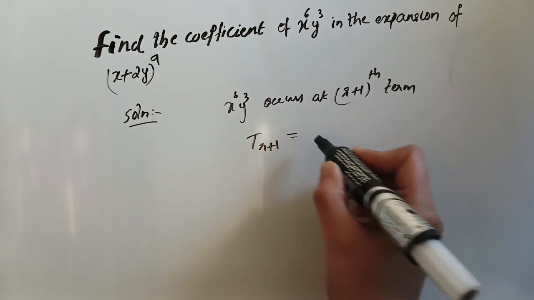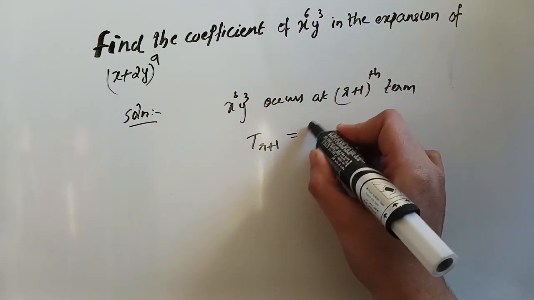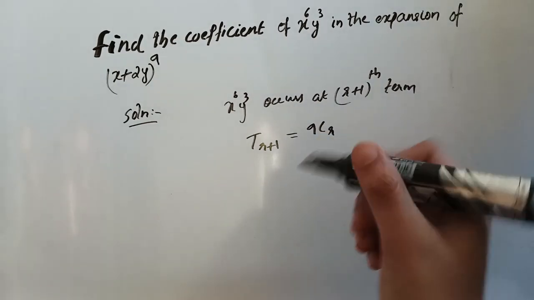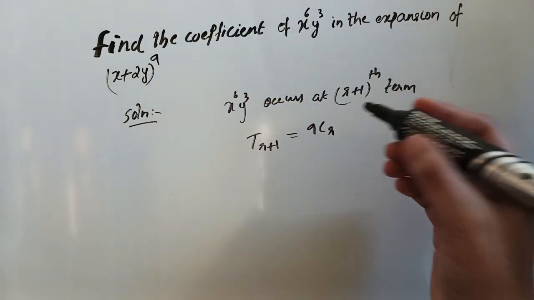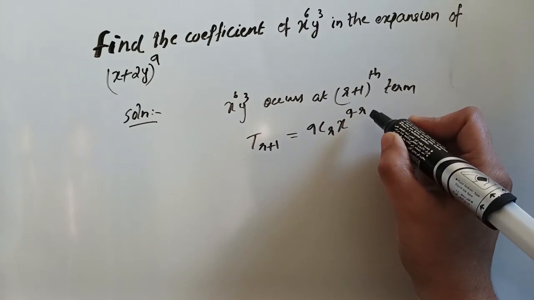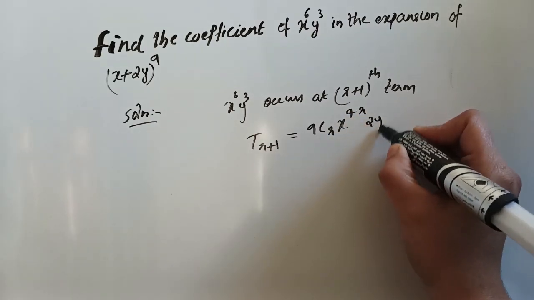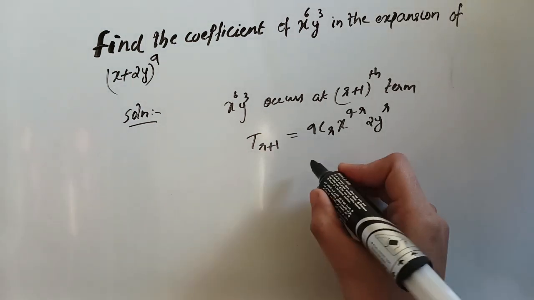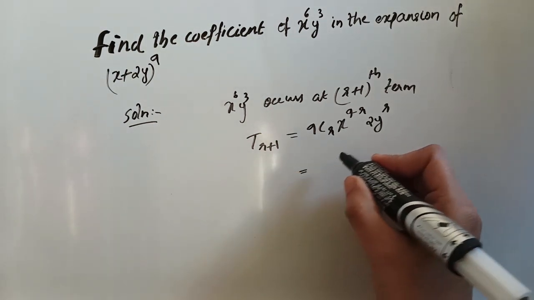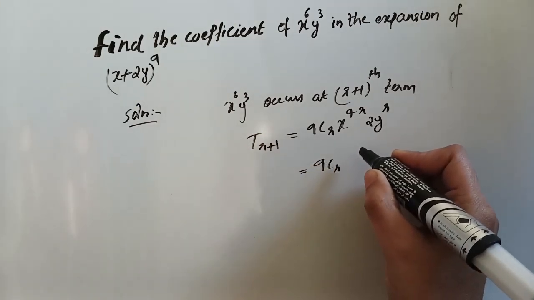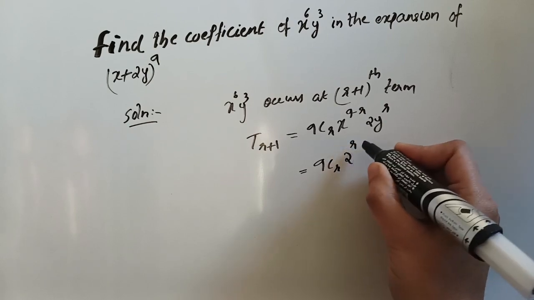T of r plus 1 equal to 9Cr. We don't know the value of r, but we know the value of n equal to 9. 9Cr x raised to 9 minus r, 2y raised to r. This is the r plus 1th term equation, which is equal to, we can write the coefficient together, 9Cr 2 raised to r.